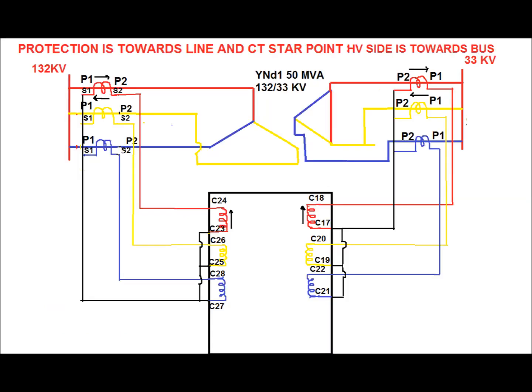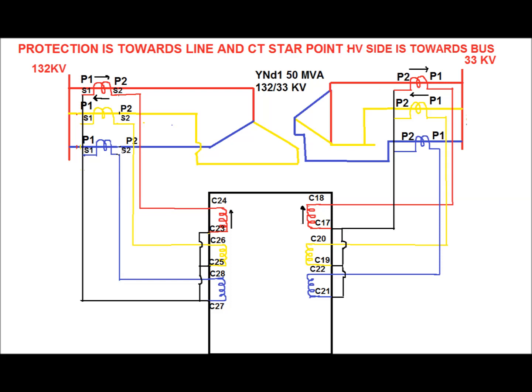Now on the HV side, the polarity of all the CTs is reversed, and the CT star point is made towards the bus side instead of the protected object, that is, the transformer side.